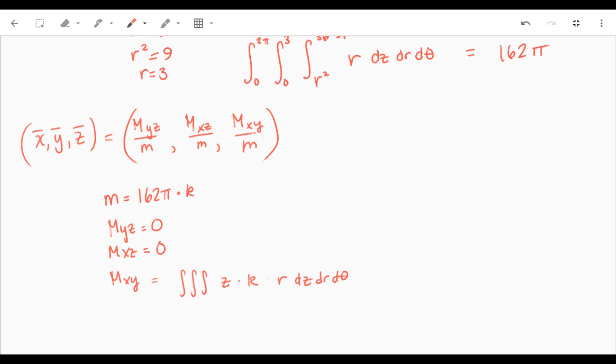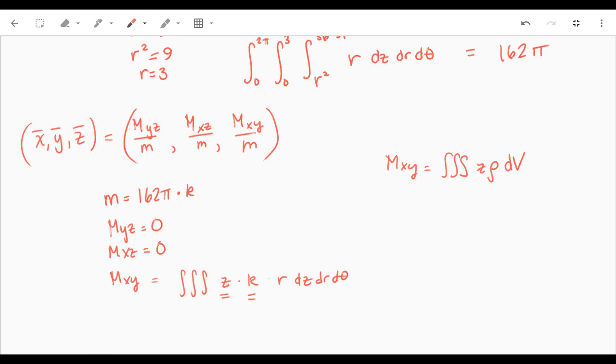But just remember, in general, the moment around xy is your triple integral of z rho dv. Okay, so that's exactly what we're doing right now. So z is z, rho is this constant, okay?